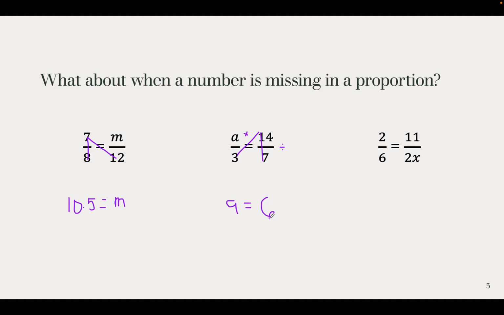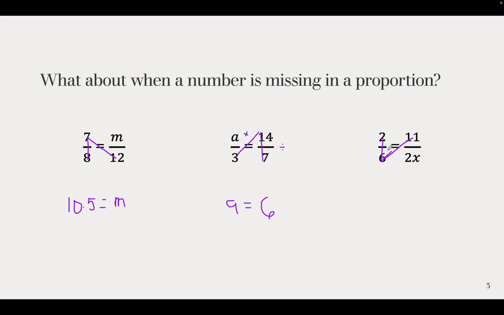All right, now look at that, I have an extra step in there. Well, it's still the same first few steps. We're going to cross multiply, going this way, and divide. So I have 11 times 6 divided by 2 equals 33.